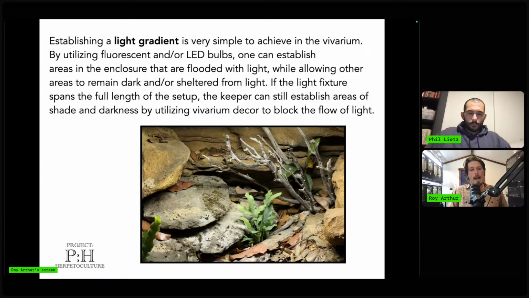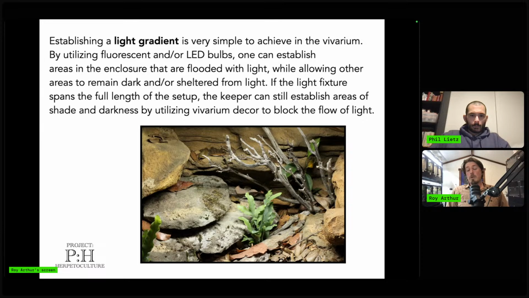And so you can see that in these areas of deep shade, under the rock ledges and under the branch structures and all of that. Essentially, my goal here, this was again the vivarium that I made for the Xenosaurus numanorum, those Mexican knob-scaled lizards.